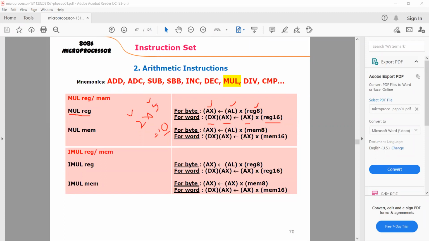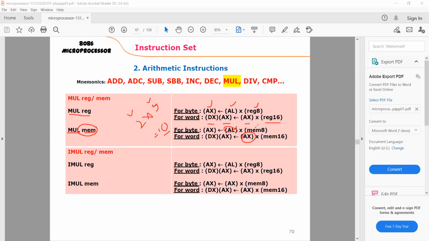Similarly, the same instruction for MUL memory. Here we are using memory as the operand for storing the multiplier value. Always the multiplicand here also will be stored in the AL register only, that means the A register, which is the accumulator.